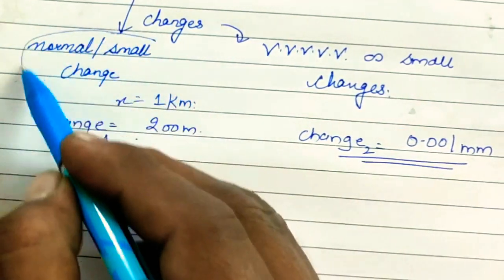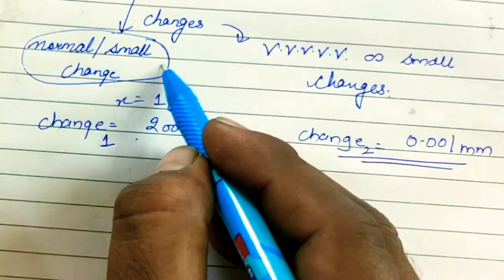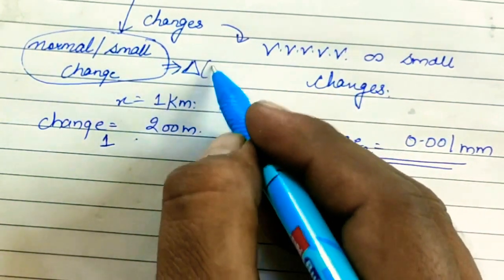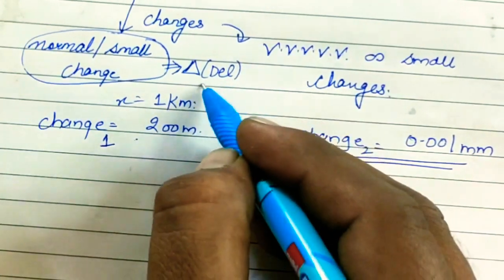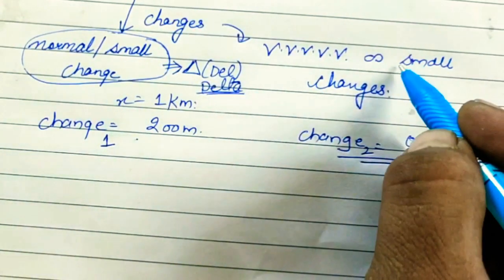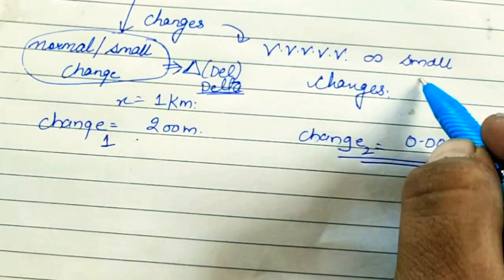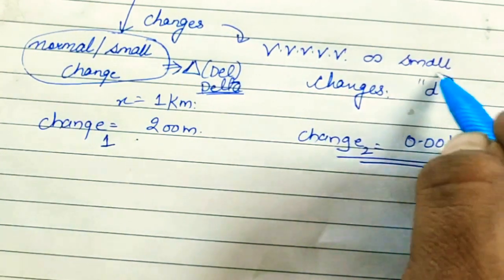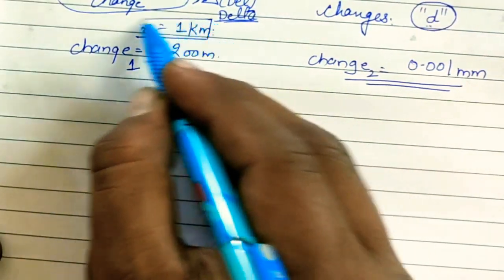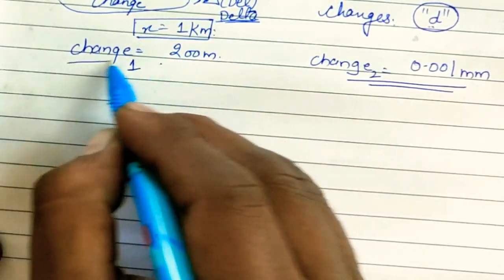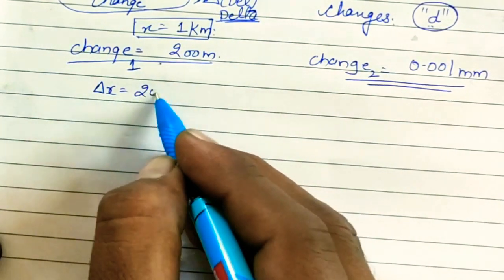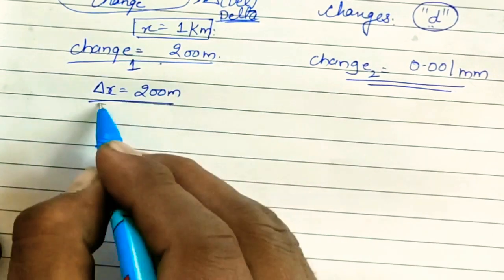So when the change is normal, we use a symbol called delta. We call it delta or del. But when the change is infinitely small, then we use a small d. I am calling x as 1 kilometer. Then if the change is 200 meter, then I should write it like this: delta x equals to 200 meter. That means change.